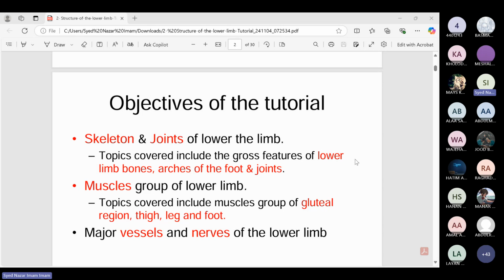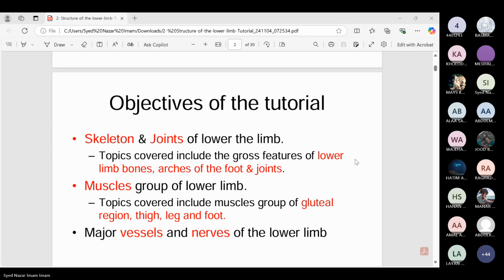You go and explore all the bones, muscles, joints, everything. Because now this lower limb is going to be in your final exam. We'll have one OSCE station, that is an integrated station, and then you will have questions on the lower limb in your MCQ and the MEQ also. So it's going to be in your final exams in all the different types of exam, the OSCE, the MCQ, and the MEQ.